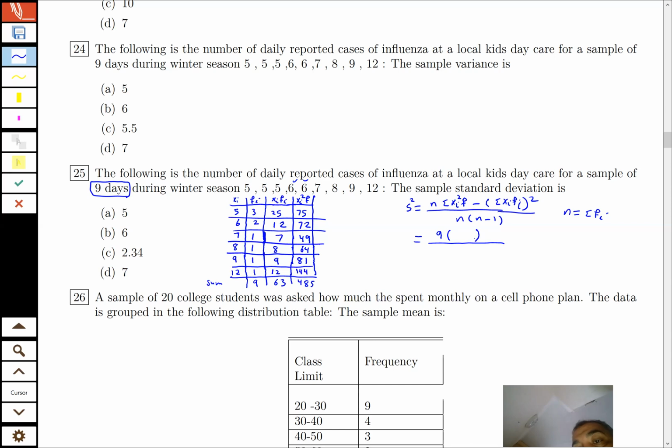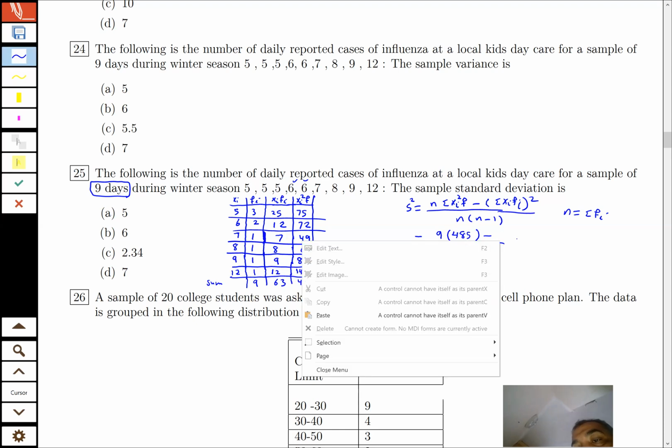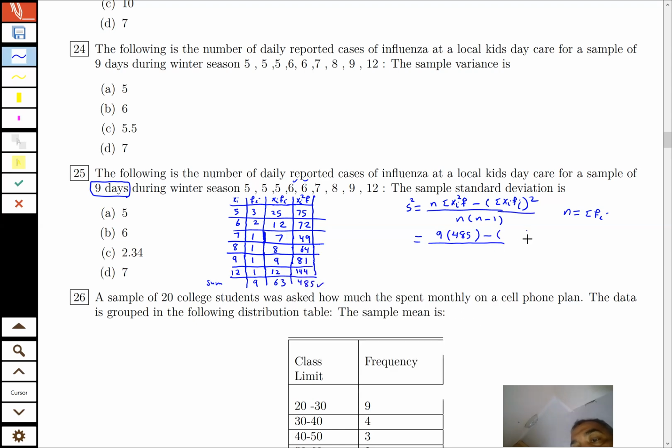Then times the sum of the squares times the frequency, which is 485, minus the square of 63, which is the sum of xi times the frequency, divided by 9 times n minus 1, which is 8.